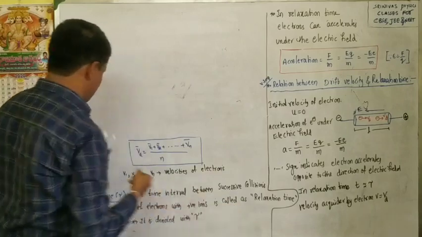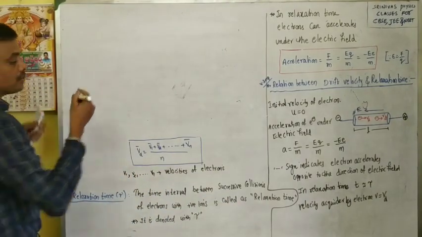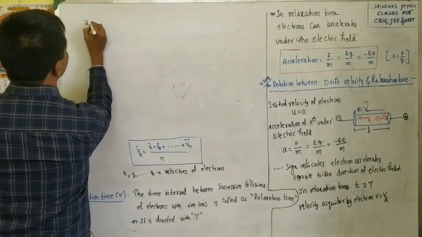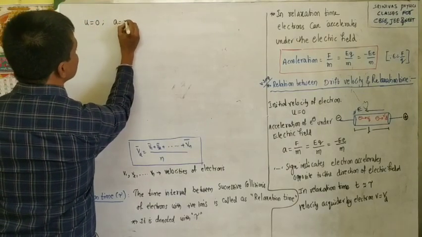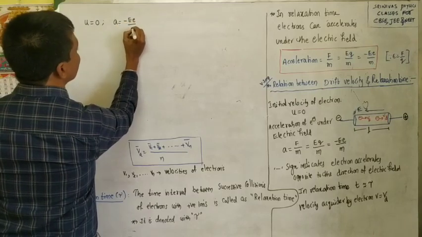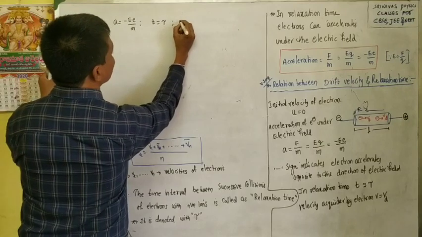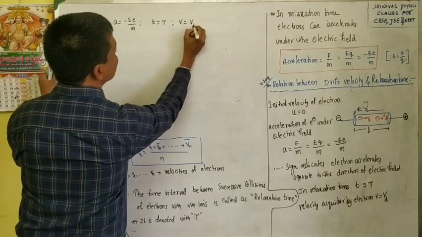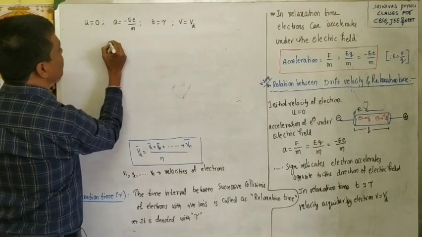It is very simple to derive. What data do we have? Initial velocity is 0, acceleration is minus eE by m, the time is tau, the relaxation time, and the velocity acquired is the drift velocity. Now we have the relation v equals u plus at.